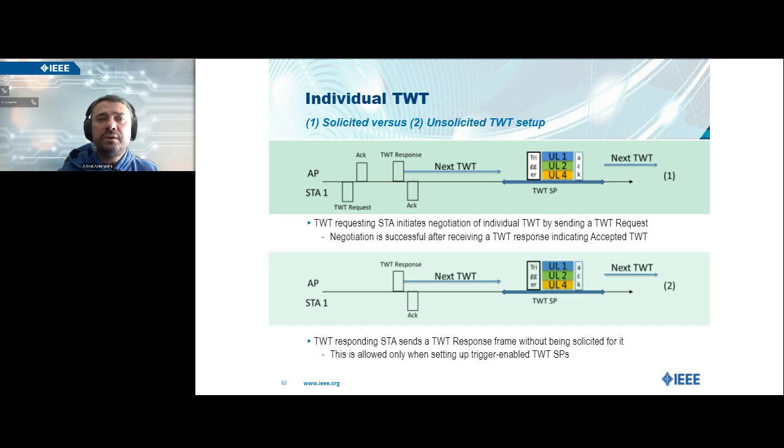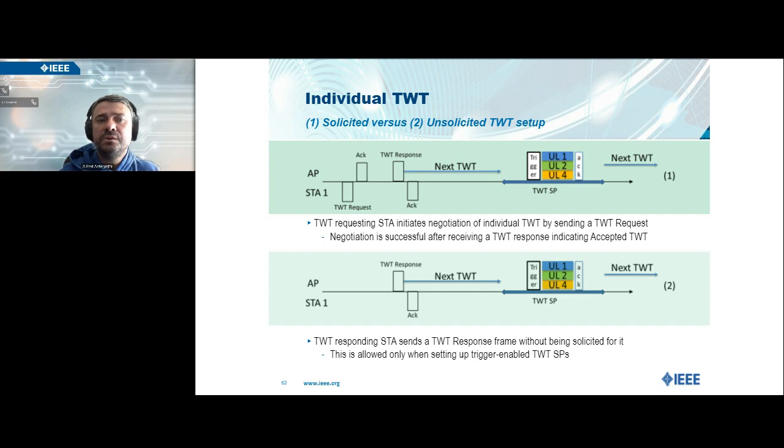So in terms of individual TWT, from a setup perspective, we have two ways of setting up, one which is AP controlled and one which is station initiated. So the AP controlled is the unsolicited case. So the access point tells the station, okay, we are going to set up a TWT session, and these are the schedules.